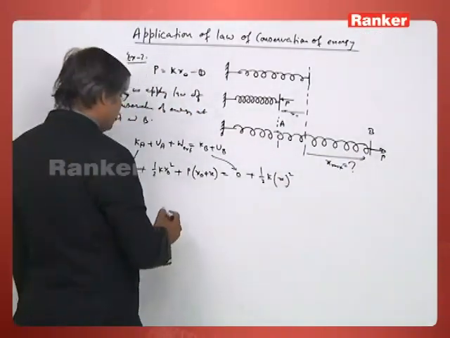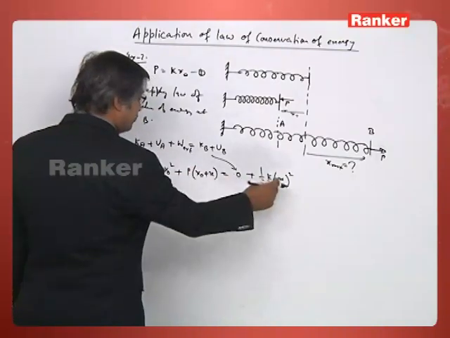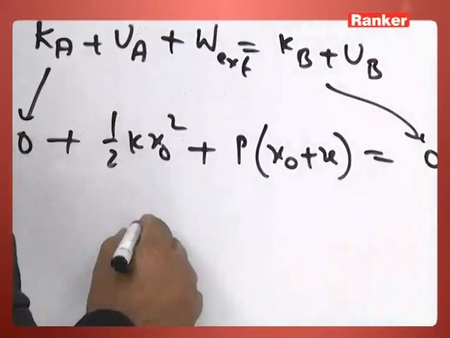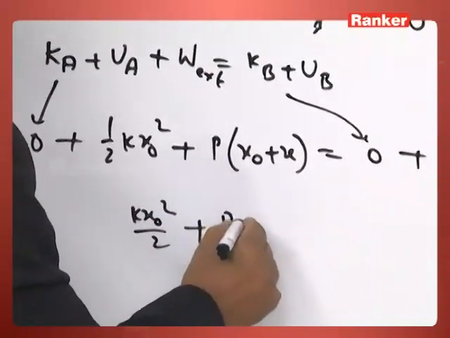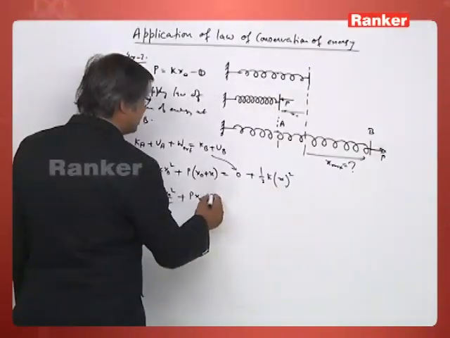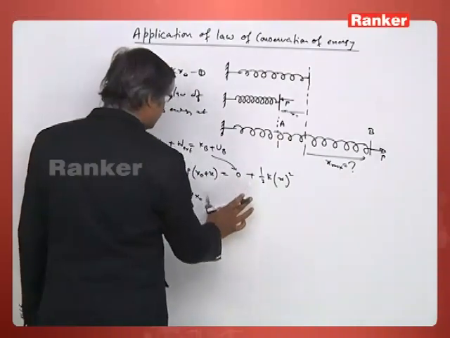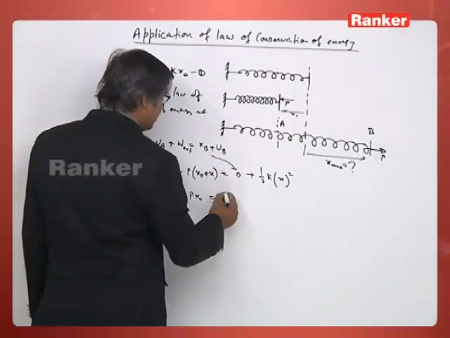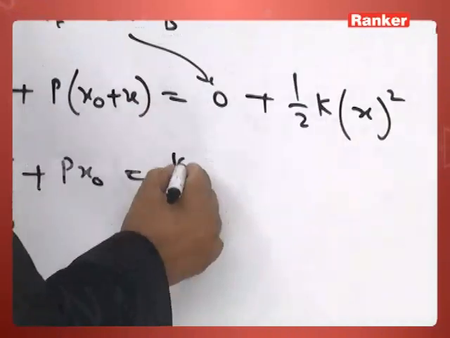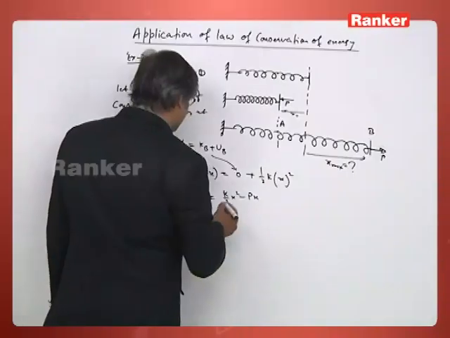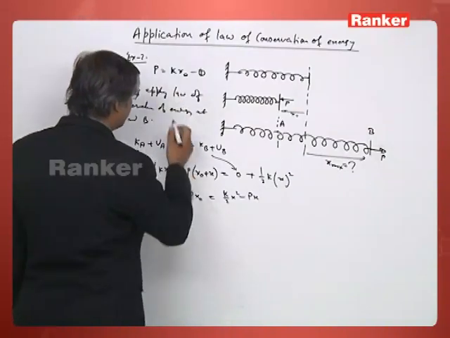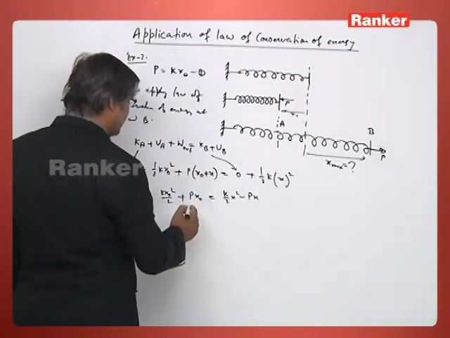So now you see, we have to calculate x. So this is K x naught square by 2 plus P x naught. This P x I will bring there so that all x will be in one place. So this is K by 2 x square minus P x. We don't know P, so we can put P equal to K x naught.